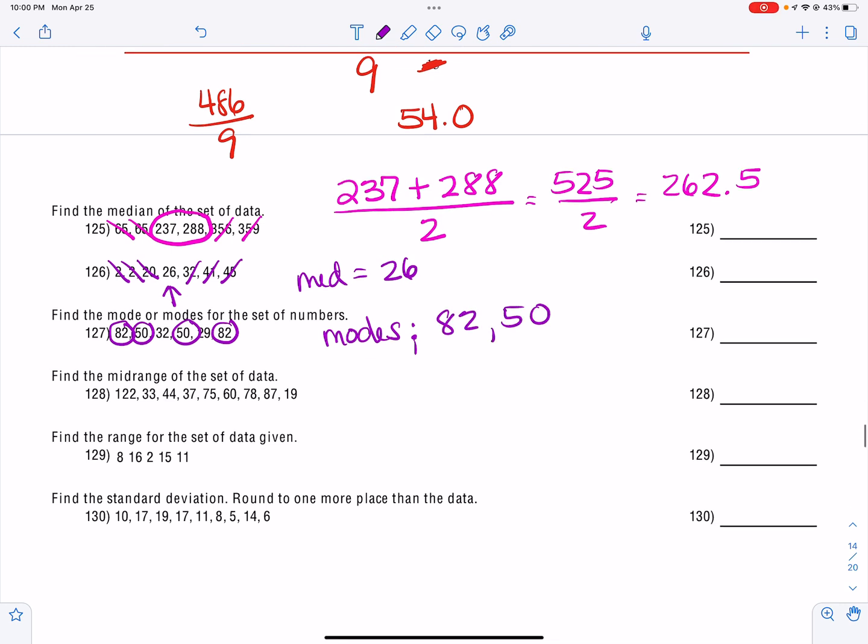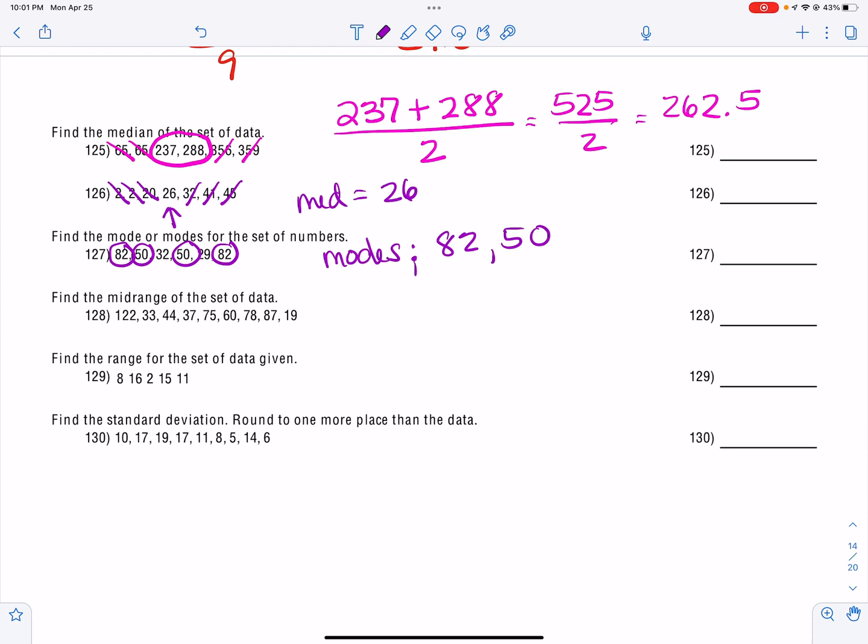Okay. The mid-range is going to be the low plus the high divided by 2. So the low number is 19, and the high number is 122.